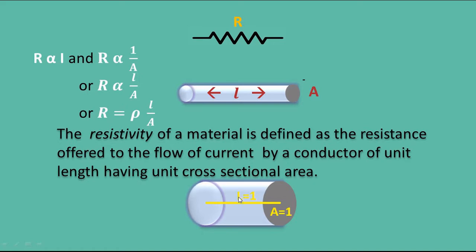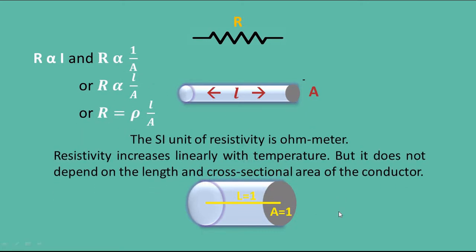That is, when the length of the conductor L equal to 1 and the cross-sectional area A of the conductor is equal to 1. The SI unit of resistivity is ohm meter. Resistivity increases linearly with temperature, but it does not depend on the length and cross-sectional area of the conductor.